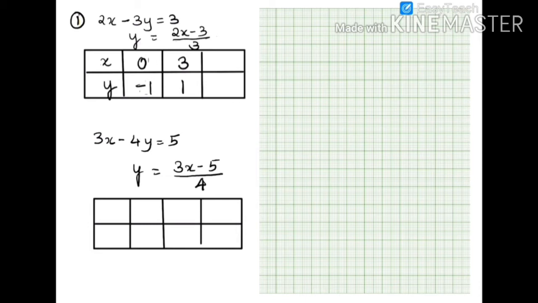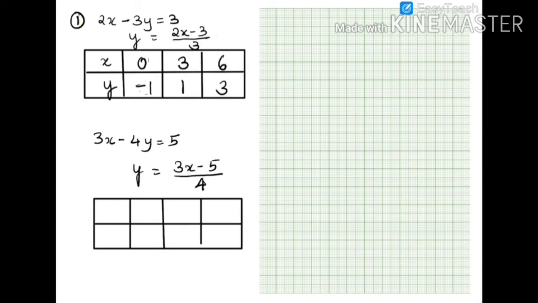So if we take the next value of x as 6, then the next value of y will be 1 plus 2, which is 3. We are able to do this because y is linearly related to x. If we have a quadratic equation to plot, then this method is not applicable.